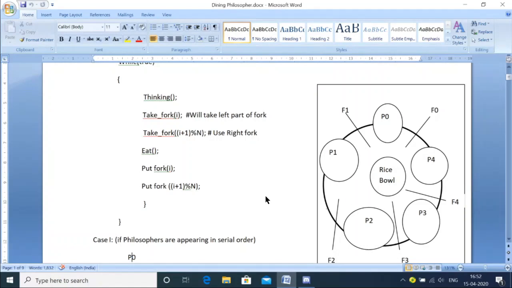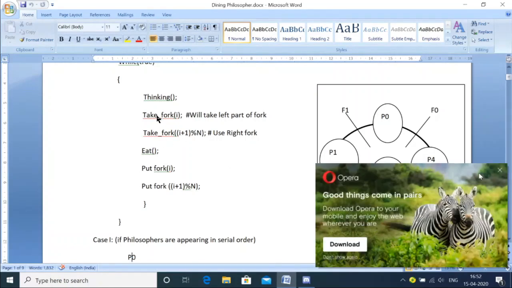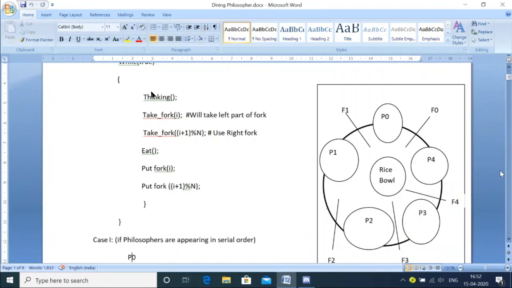Let's say P0 is one of the philosophers, and it has two choices: pick the fork from the left, or pick it from the right. The order we will see later, like who will pick first.